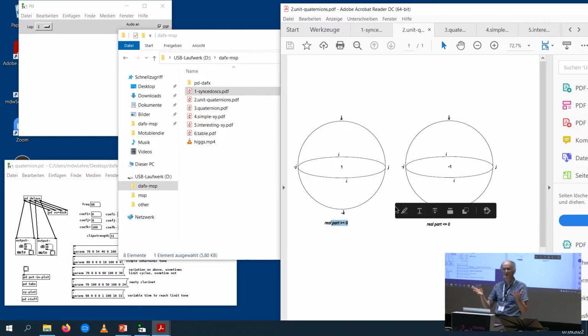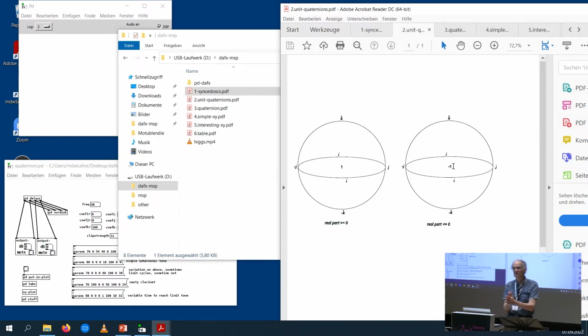Because if you play that, you're just going to hear a sinusoid. But now, what you do is this. You say, well, any one of those paths, by the way, spends exactly half of its time in the upper hemisphere, which is this one, and half of its time in the bottom hemisphere, which is this one. So that's cool, because what that means is that if you give the oscillator a frequency which you believe to be fixed, there is a boundary that it is guaranteed to hit twice per cycle.